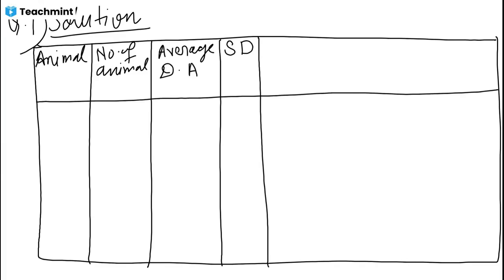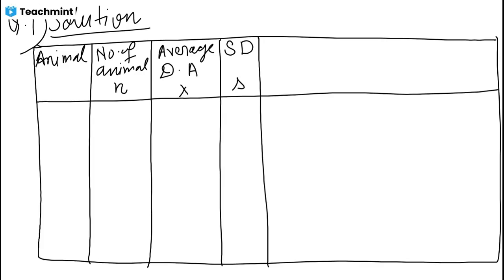And number of animals, we are using n to denote this. And we are taking x for the average domestic animal, and standard deviation is denoted by small s. And we need to find MST and MSE.